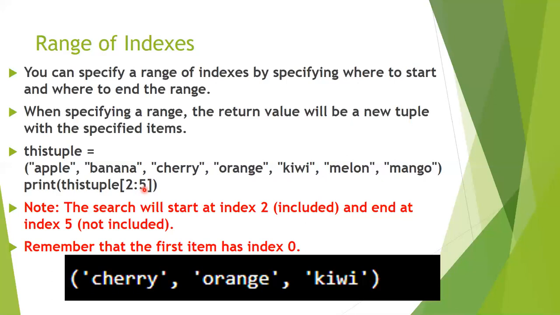Means indexes will be referred from 2 to 4: cherry, 2, 3, 4. So the answer will be cherry, orange and kiwi. The first item is at index 0 and the last index is not included in the printed items.